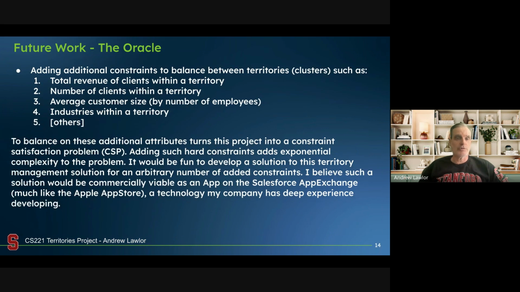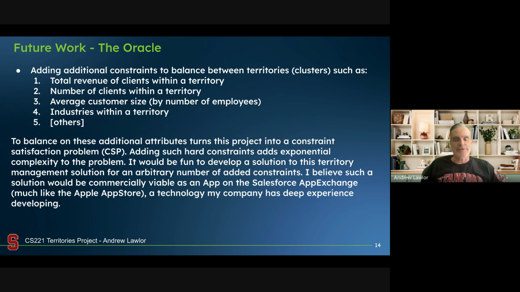For future work, I would want to add additional constraints to our fitting algorithm to balance not only on geographic features, but also on total revenue, number of clients, average customer size, the industry, and a variety of other measures.